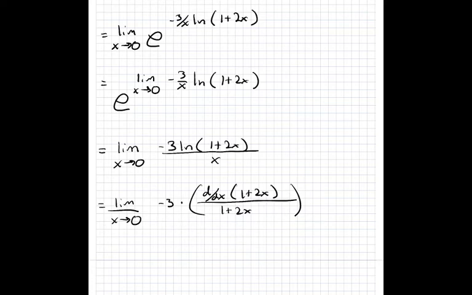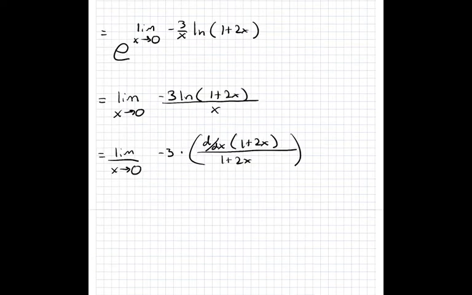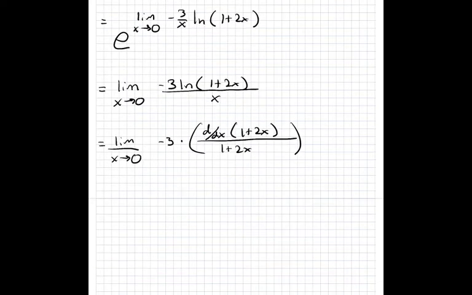So now we just need to evaluate that derivative, what you see on the screen now. This is going to be the limit as x tends to 0. Let me see. The derivative of a constant is 0. The derivative of 2x is just 2.